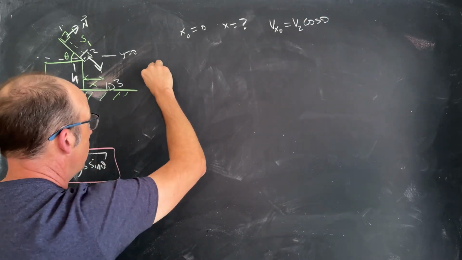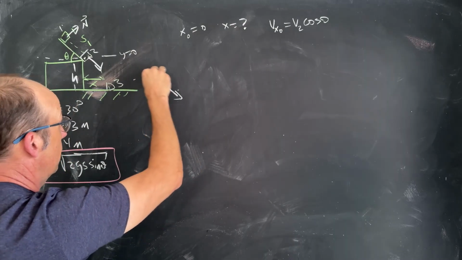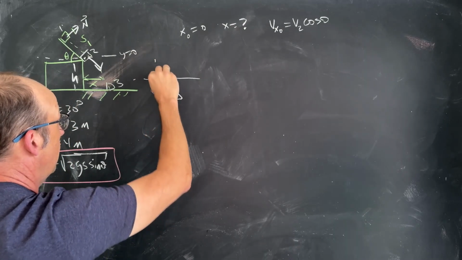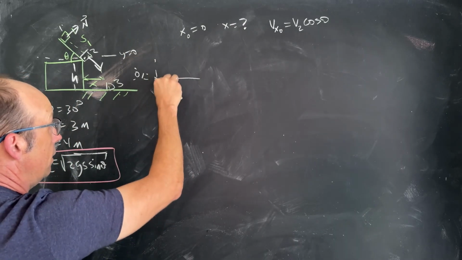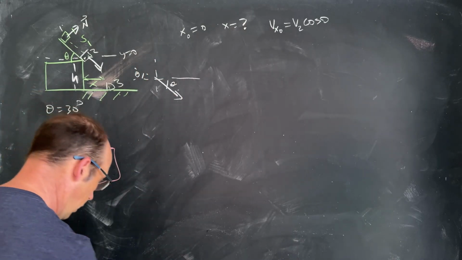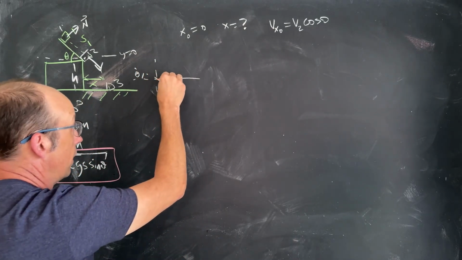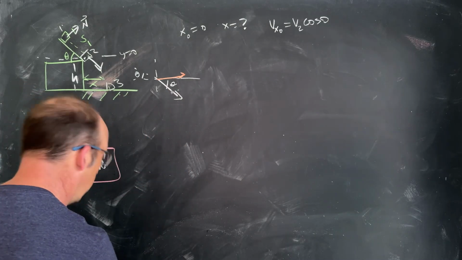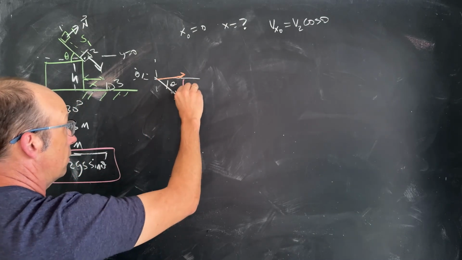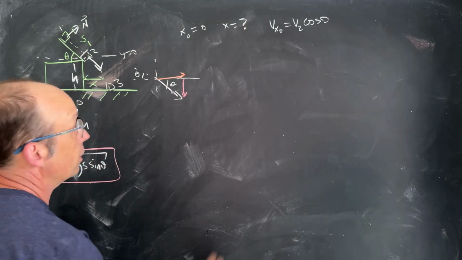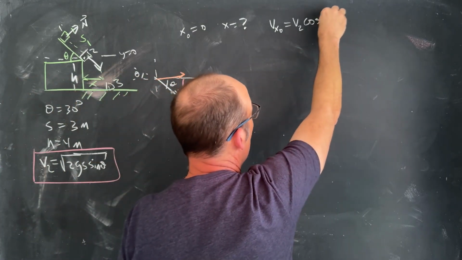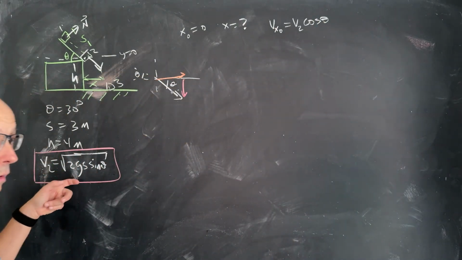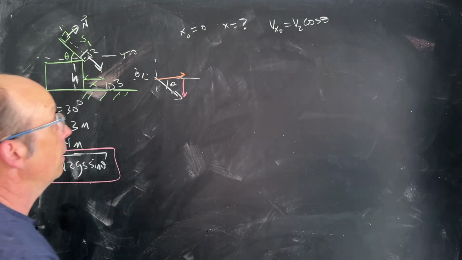Because if I look at this, that's my initial velocity, and this is the angle theta. That's also the angle theta. So my x velocity is this direction, and that's the adjacent side of that triangle. And then the y velocity is right here, the initial y velocity. So the initial x velocity is v2, which I know, times cosine theta.